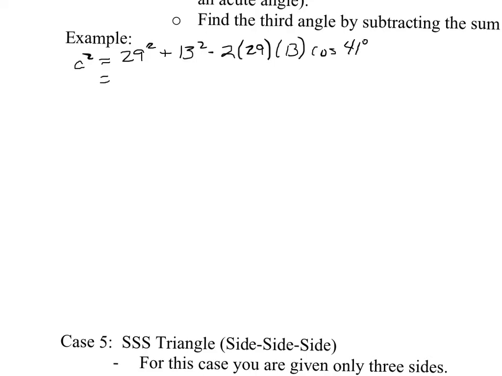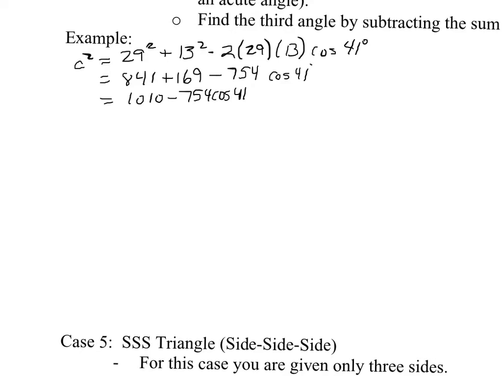So taking this step by step, 29 squared is 841, 13 squared is 169, 2 times 29 times 13 was 754, and then we have the cosine of 41. Adding our two numbers together, we get 1010 minus 754 times the cosine of 41.